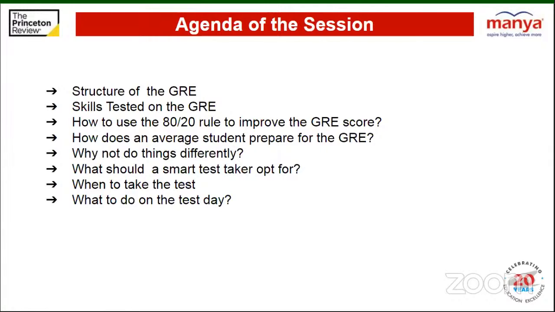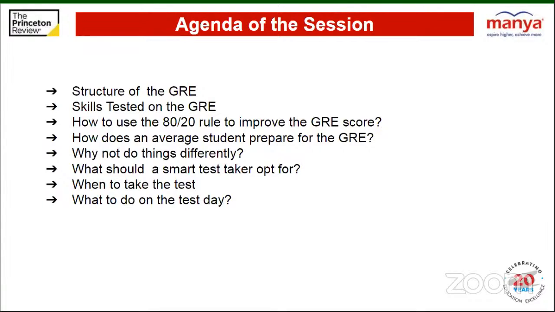Yes, so first let us look at the agenda of the session. We are going to talk about the structure of the GRE and then the skills that get tested on the GRE, and how to use the 80-20 rule to improve your GRE score, what an average student does, and how to do things differently, as in what a smart test taker would do.